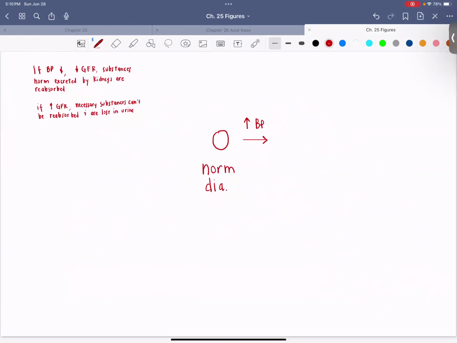So if the blood pressure is too high, again, in other areas of the body, we would expect the blood vessels to dilate, which reduces the resistance. But in the kidneys, we're going to get vasoconstriction of that afferent arteriole, which will decrease blood flow into the kidneys.